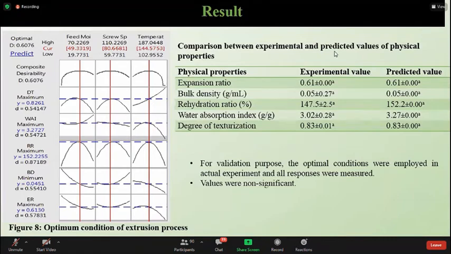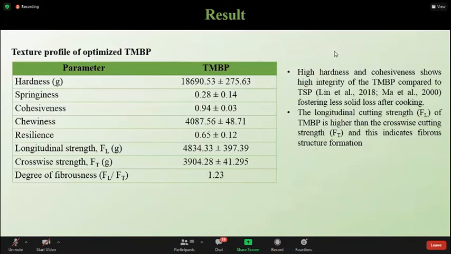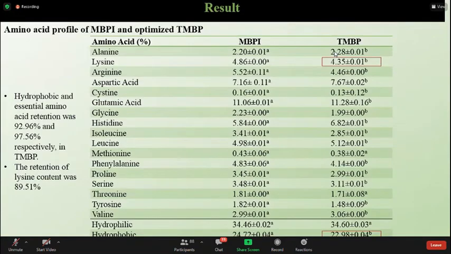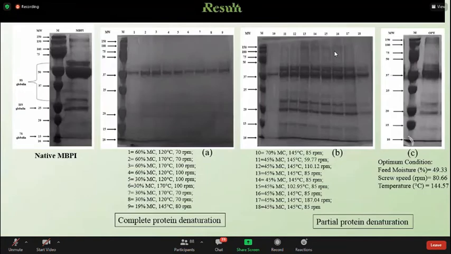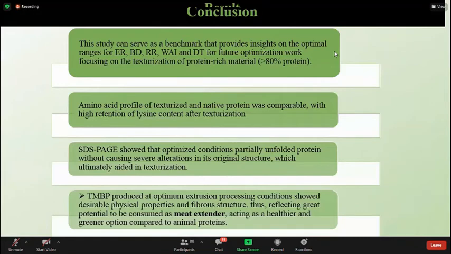And finally, we managed to optimize the method. So to serve as a benchmark, they provide insight on the optimal range for the production of texturized vegetable protein.